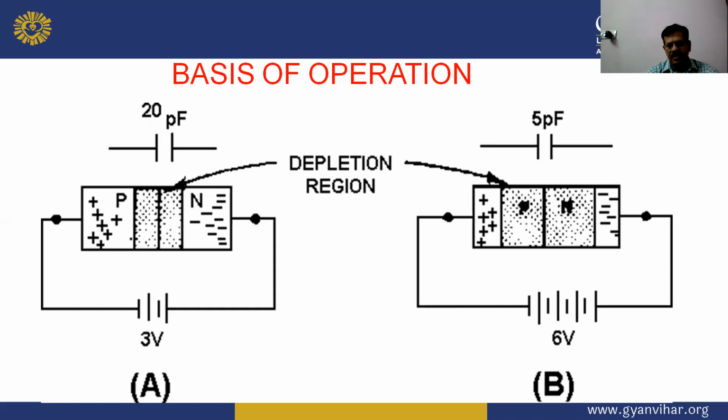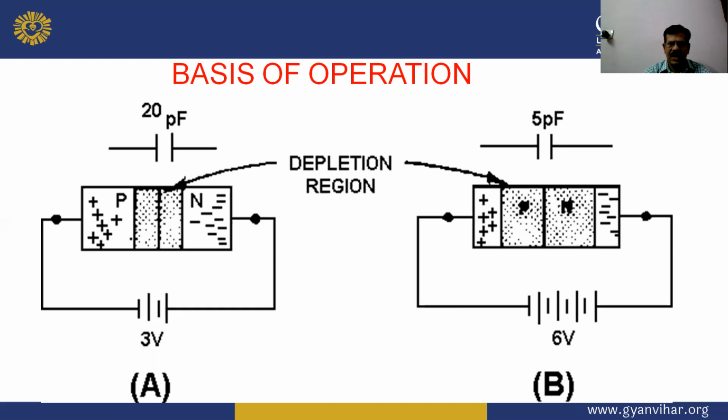In the second diagram, we applied an external reverse voltage of 6 volts, then the value of the capacitance across the depletion region will be 5 picofarad.